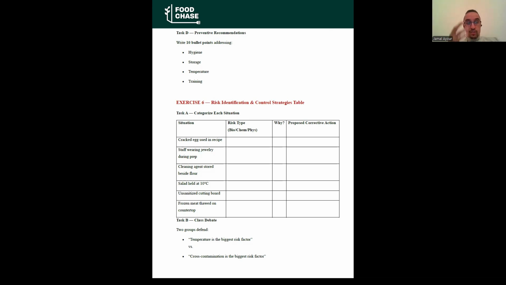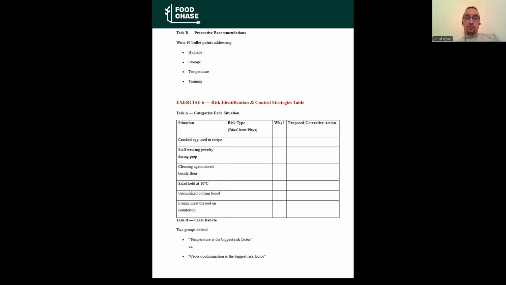Let each side present two arguments and defend their argument to discuss and to give a conclusion. What is the best factor, the one with the biggest risk? This is for exercise number six.